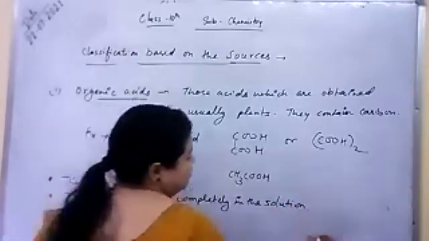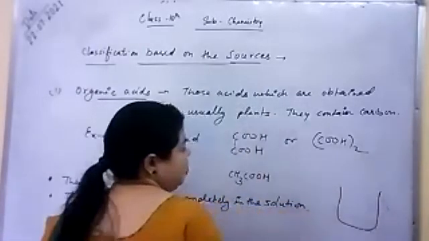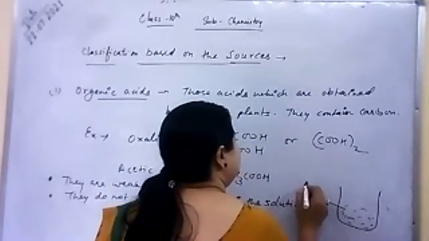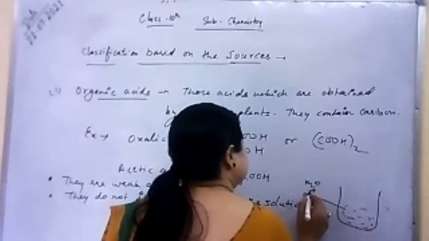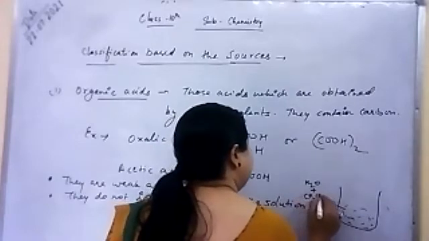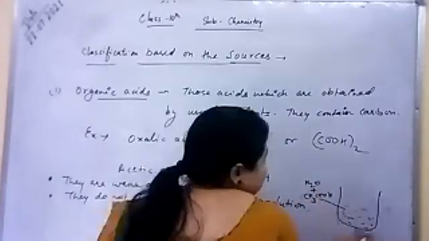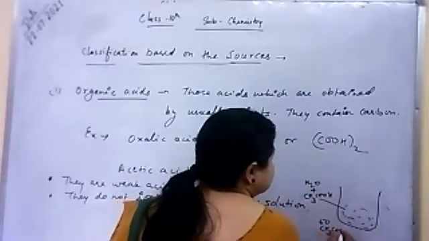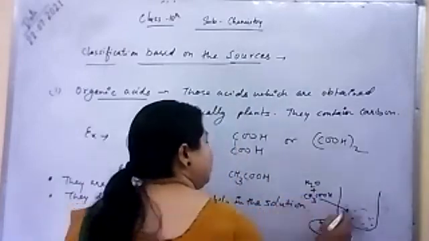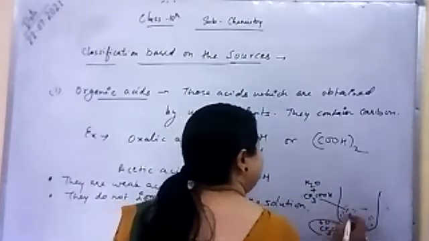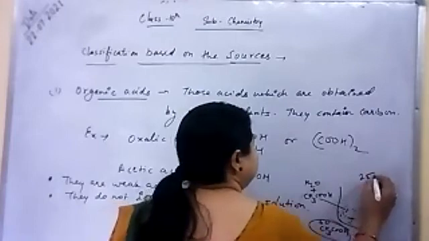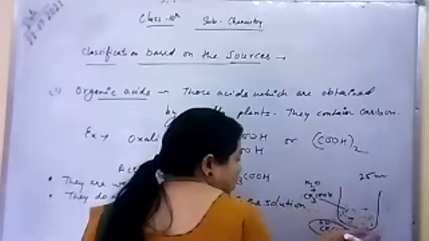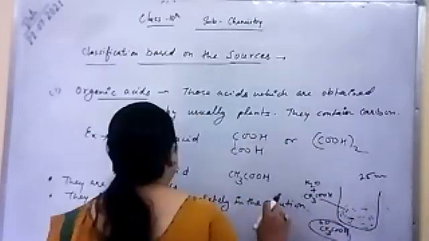It means, if we have a beaker and in this beaker we have a solution of water and acetic acid, and I say there are 50 molecules of acetic acid, you will see here only 25 molecules will dissociate or ionize. The remaining 25 molecules are not ionized. That's why they are weak acids.